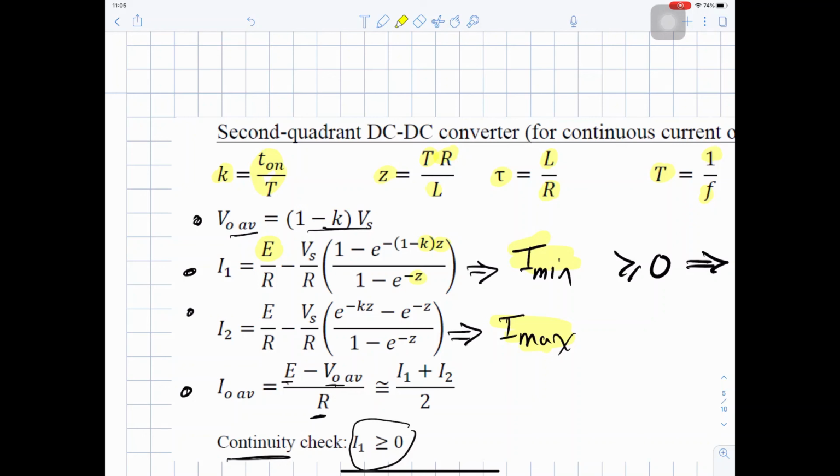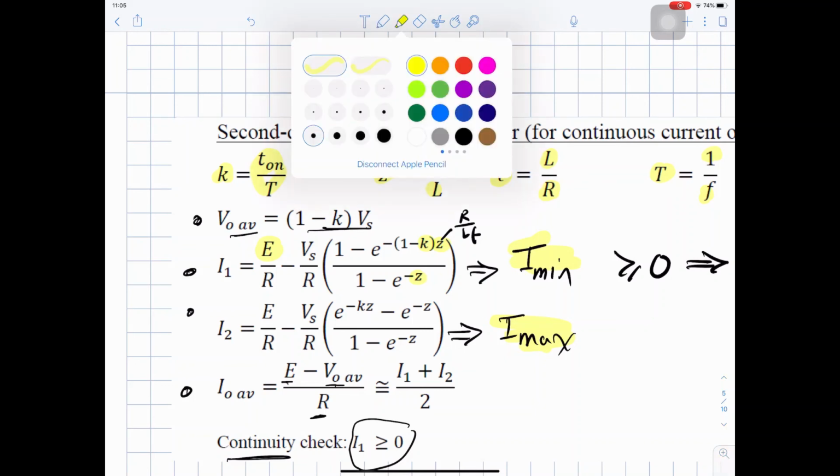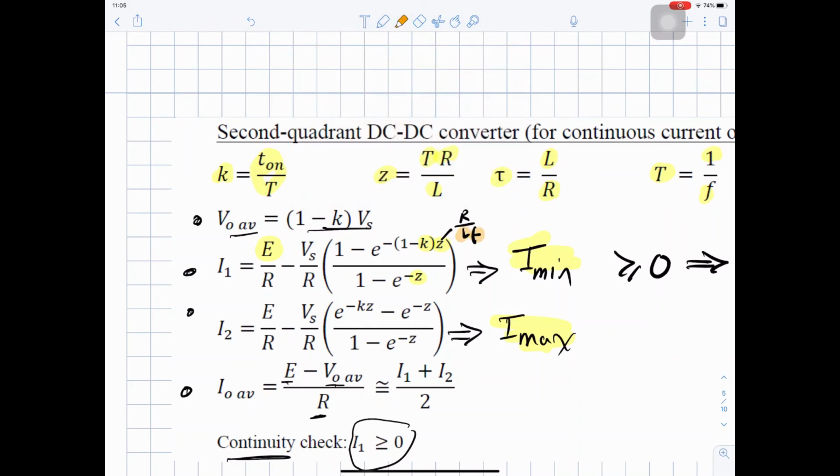Z is R divided by LF. So the variables you have here are frequency, inductance, duty cycle, and E. So I can ask for the duty cycle, or the maximum speed, or the minimum inductance, or minimum frequency.